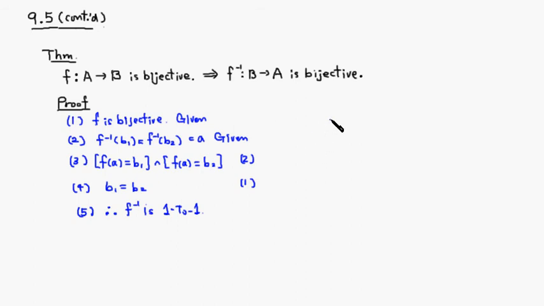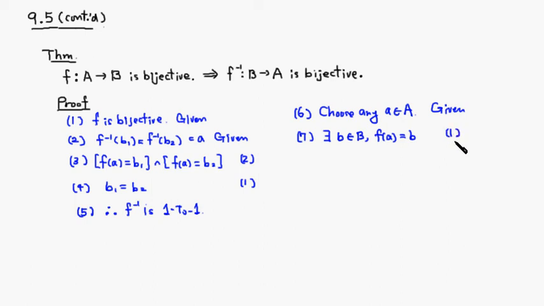So let's try to show that f inverse is onto as well. Line number 6 up here. I'm going to say choose any element a in A. So that's given, 7. So there exists some b in B such that f of a is equal to b, since f is a function, so line 1.